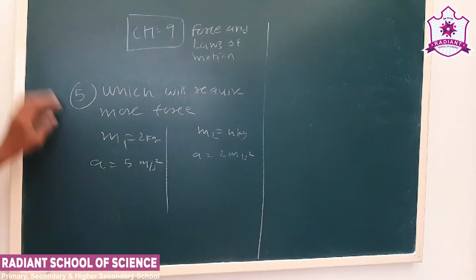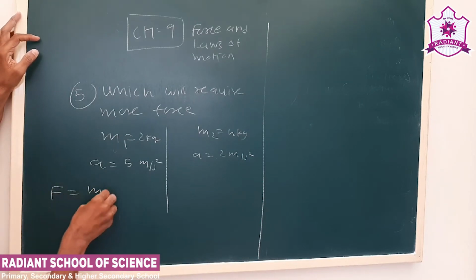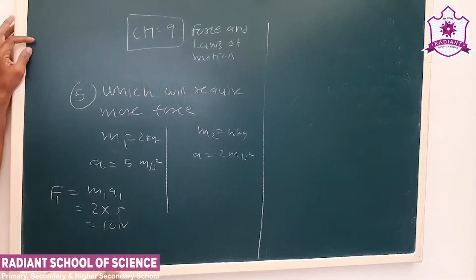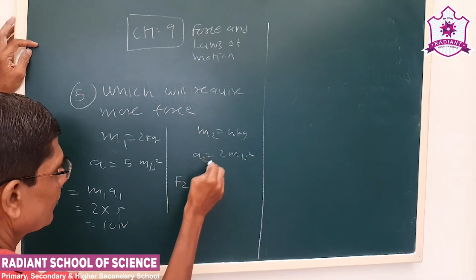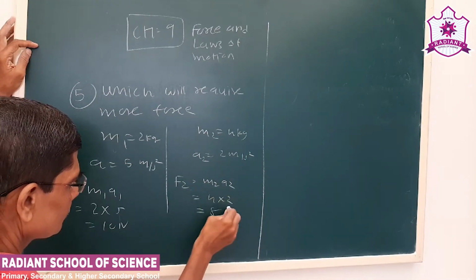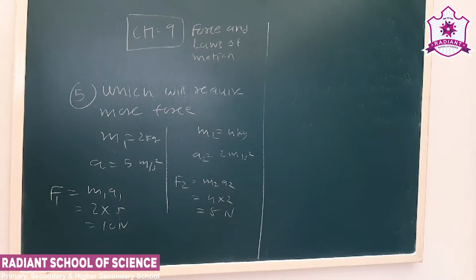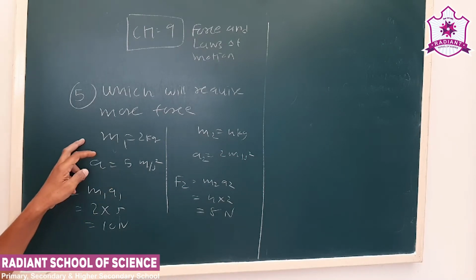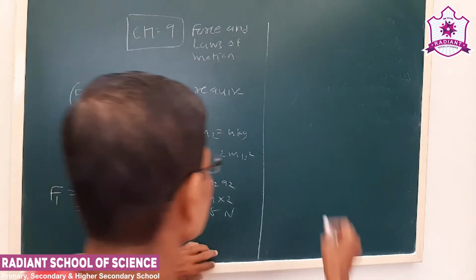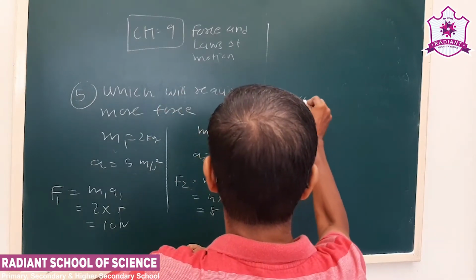Now we use the equation F1 is m1 a1, 2 into 5, 10, and F2 is m2 a2. Now we can see that to accelerate 2 kg by an acceleration of 5 meter per second square will require more force.